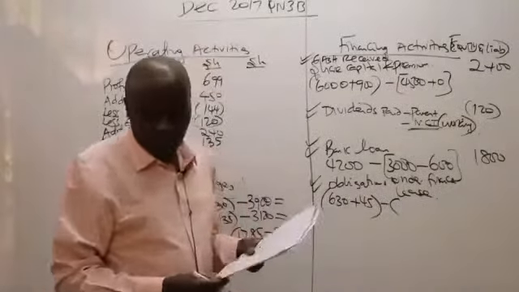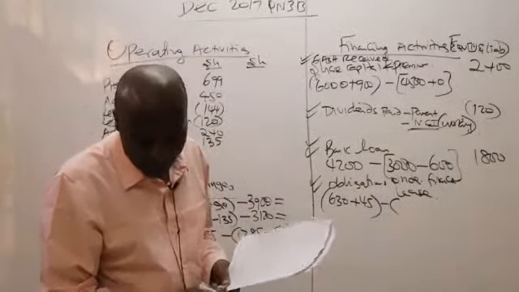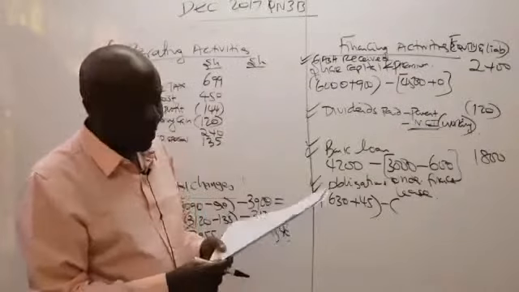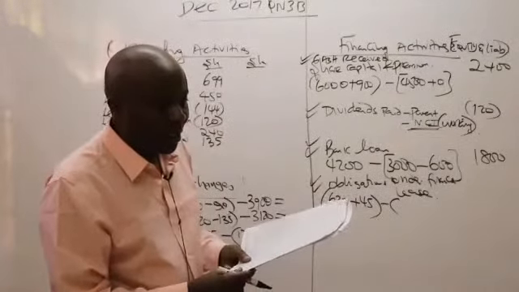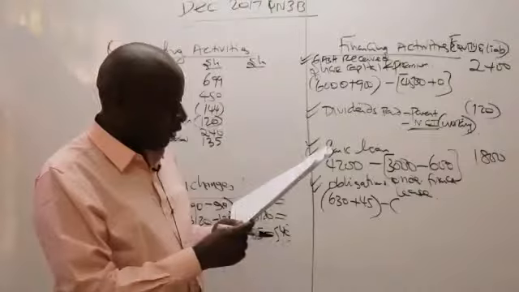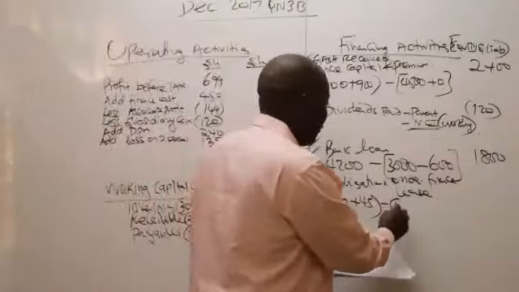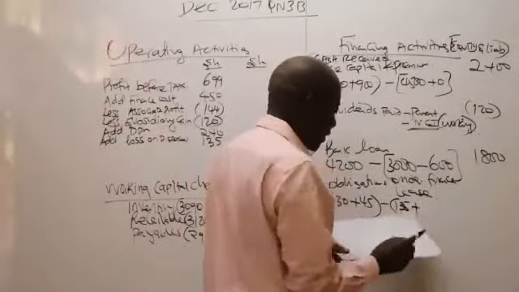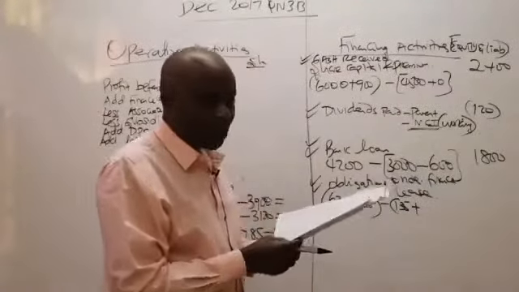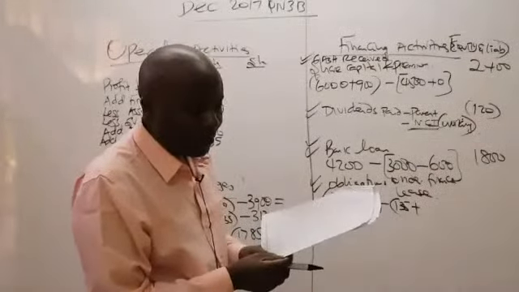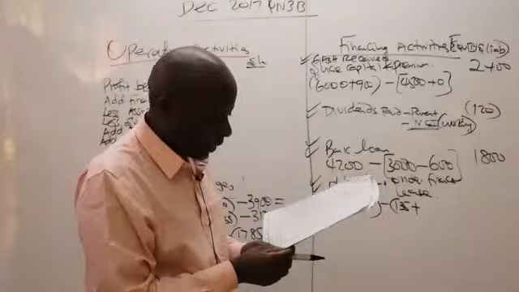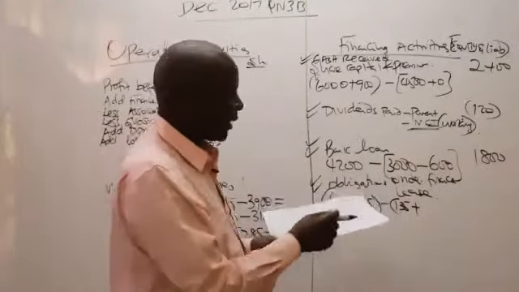So under opening, what are we able to see? Opening we have 135. So 135 plus what here? Plus 30.